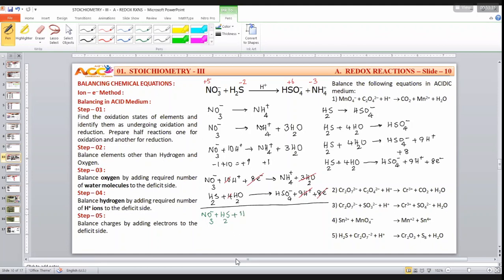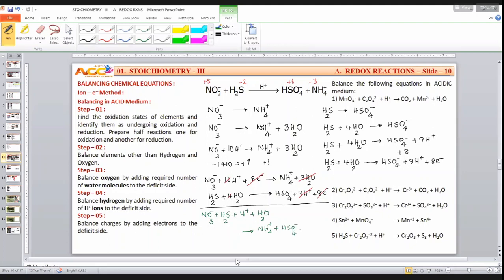Only one was there, now left out, plus water, arrow mark, HSO4 minus, ammonium ion plus water is gone, HSO4 minus, H plus is gone, electron is gone.